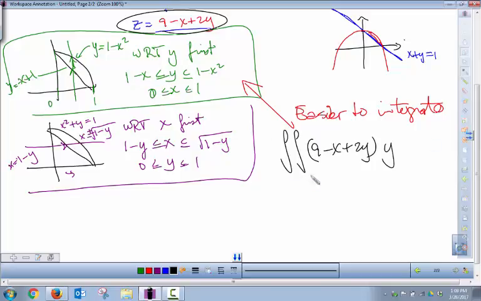And the y limits go from 1 minus x to 1 minus x squared. Oops, this is dy, not just y. And then our dx is going to go from 0 to 1. So that's our integral. That's the integral you plug into Wolfram Alpha.